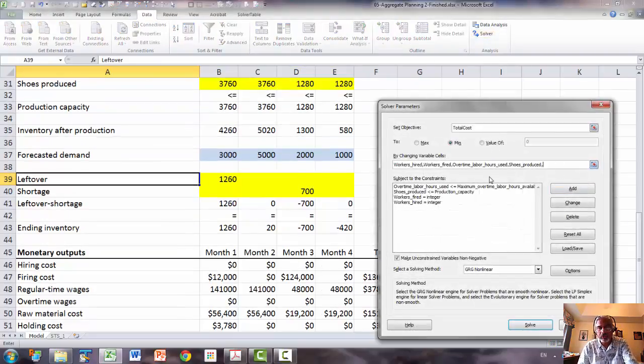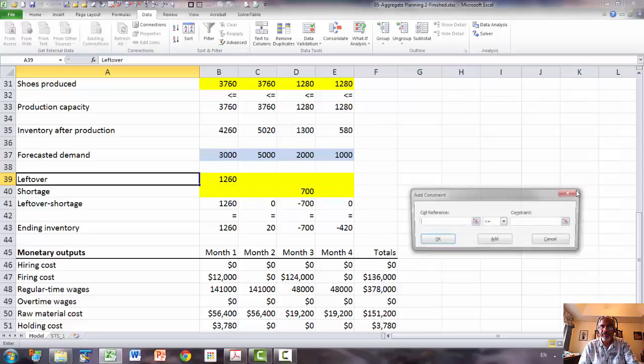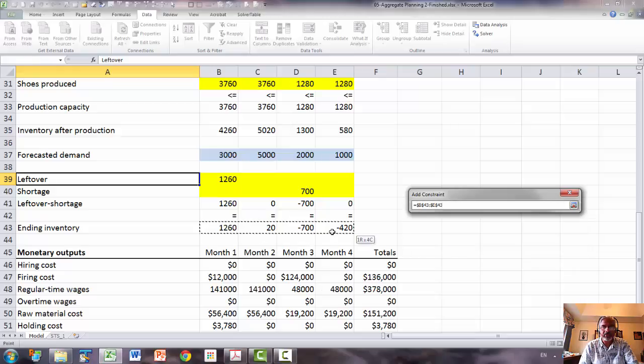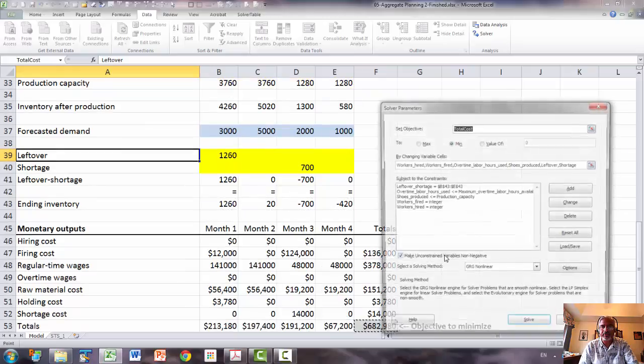Okay, then we go into Solver. Now we have two more ranges for changing cells. Okay, and then we have to add the constraint that is equal to that ending inventory.